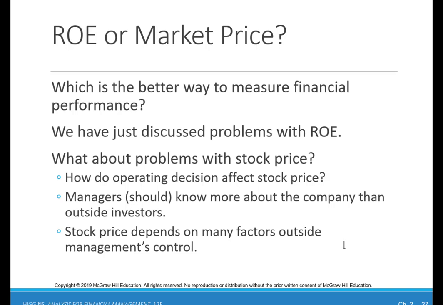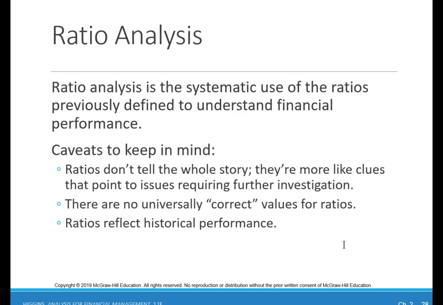Using that in a ratio can create some problems. But again, if we're doing this for all companies and all industries, hopefully those problems are reflected in all companies and industries. So our final discussion here is a little bit more about ratio analysis, right?